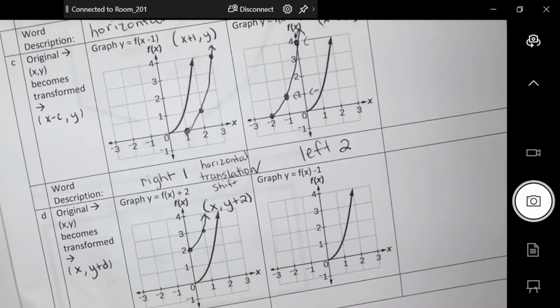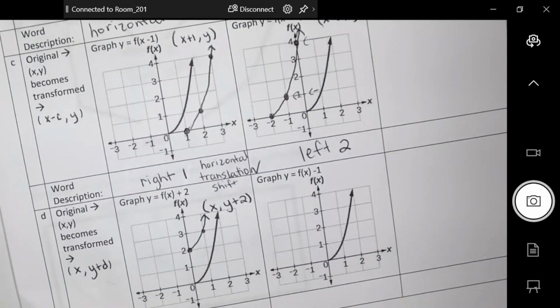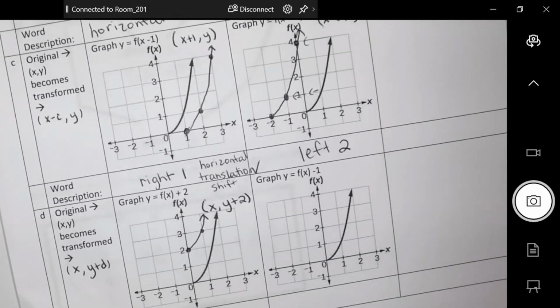So it's going to move up 2. The fancy name would be a vertical shift up 2 units. A vertical translation up 2 units. That would be the fancier name that you might see.